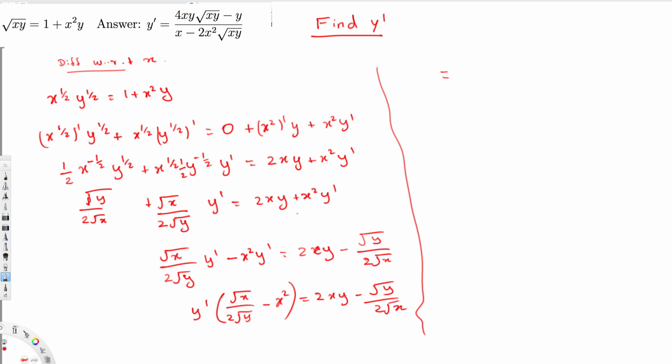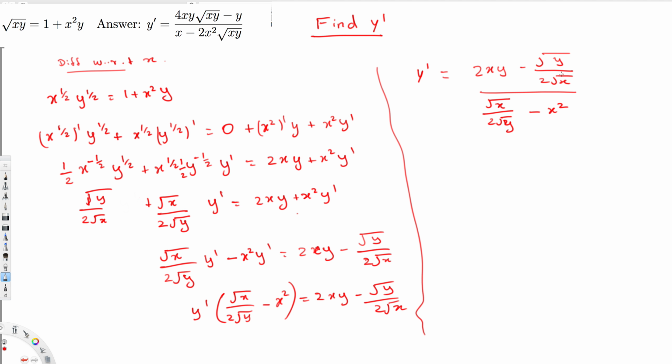My purpose is to find y prime, so I keep y prime on one side and bring the others to the other side. It's going to be 2xy minus square root of y over 2 square root of x, over square root of x over 2 square root of y, minus x squared.